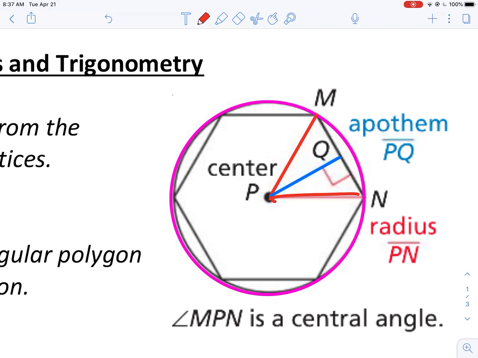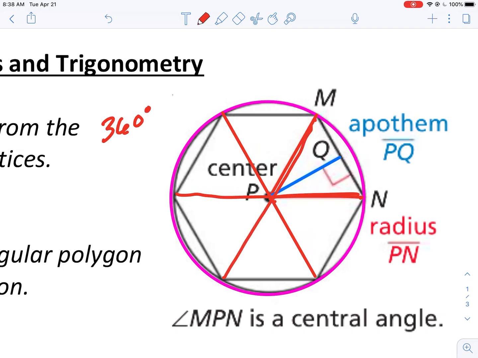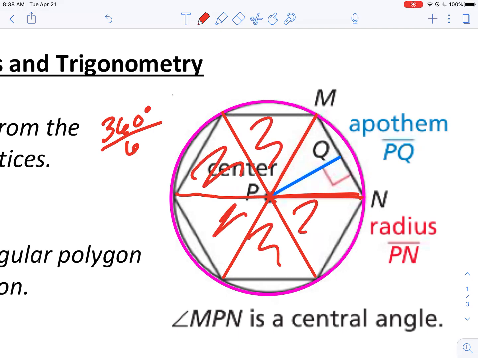And as you can see, I've circumscribed this polygon. I've put a circle all the way around the polygon in pink. And what do we know about whole circles? What do we know about their angle measures? Well, if I went all the way around a circle, the whole arc measure would be 360 degrees.